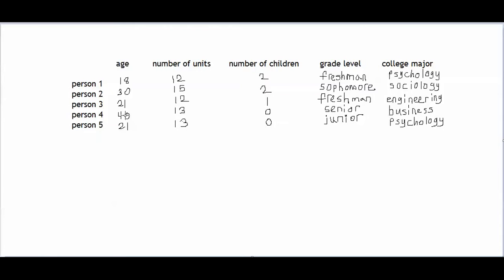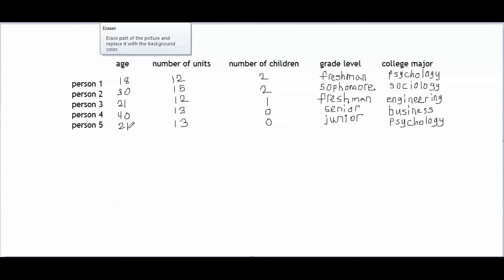You can only calculate a mean with a set of quantitative data. So since age is a quantitative variable, these data values under here are a set of quantitative data, which means that we can calculate the mean of these data values. How do you calculate the mean of these data values?